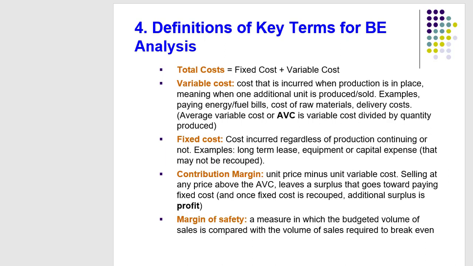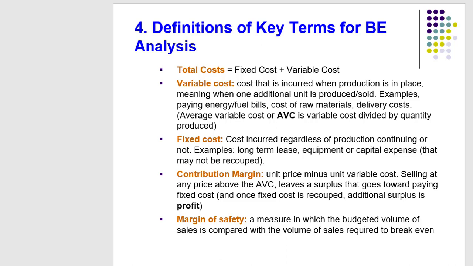So here are the key definitions. Total costs, as we mentioned before, is comprised of fixed cost and variable cost. So basically it's the sum of fixed cost plus variable cost. Variable cost is any cost that's incurred when production is going on, meaning when one additional unit is produced or sold, what is the incremental cost?